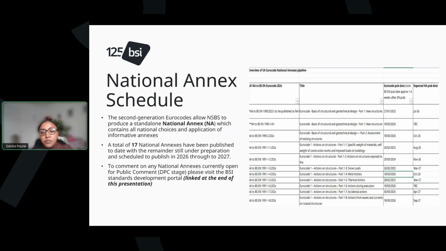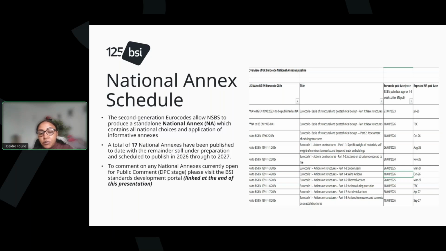So far, in terms of the national annexes, we have published 17, and the remainder are expected to publish between now and into 2027. As part of the national annex development process, there is a draft consultation period, and this gives stakeholders the opportunity to comment on the national annex drafts. Any comments you might have can be submitted via our BSI Standards Development portal, and there'll be a link within this presentation.